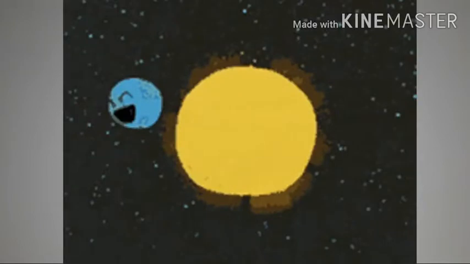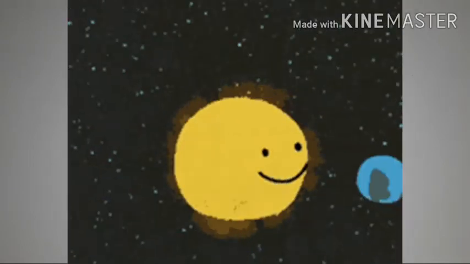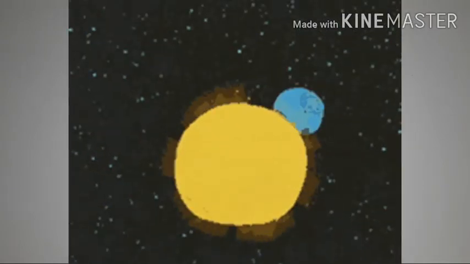Actually, earth is moving around the sun, and it has two different types of motion. One is rotation and another one is revolution. For your better understanding, I am giving you one example related to that.